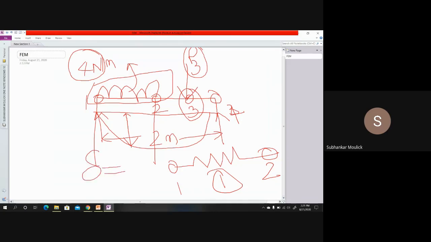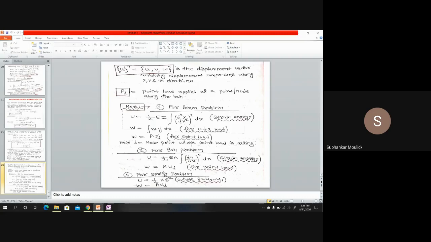If the deflection at node 2 is greater than that at node 1, you will write U2 minus U1. Or if the deflection of node 1 is more than that of node 2, then delta will become U1 minus U2. So this is your strain energy, and the work done due to point load is again P into Ui.